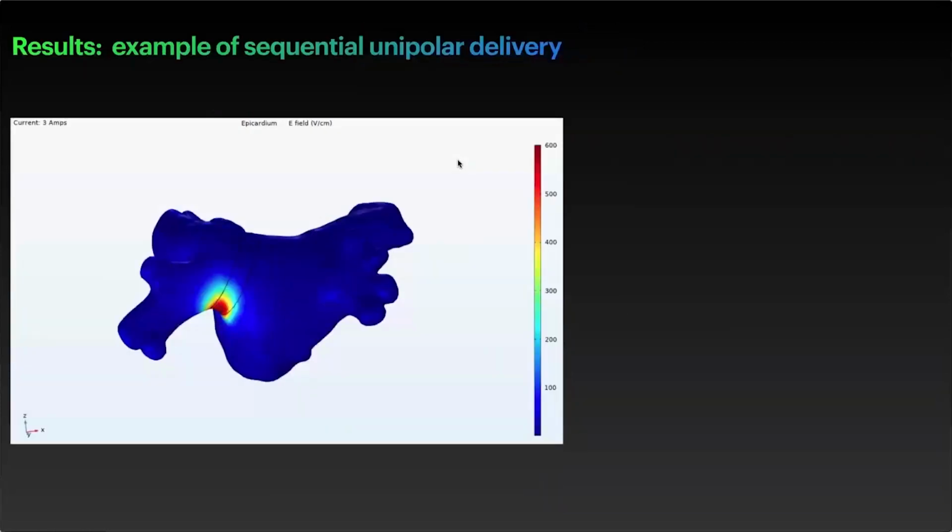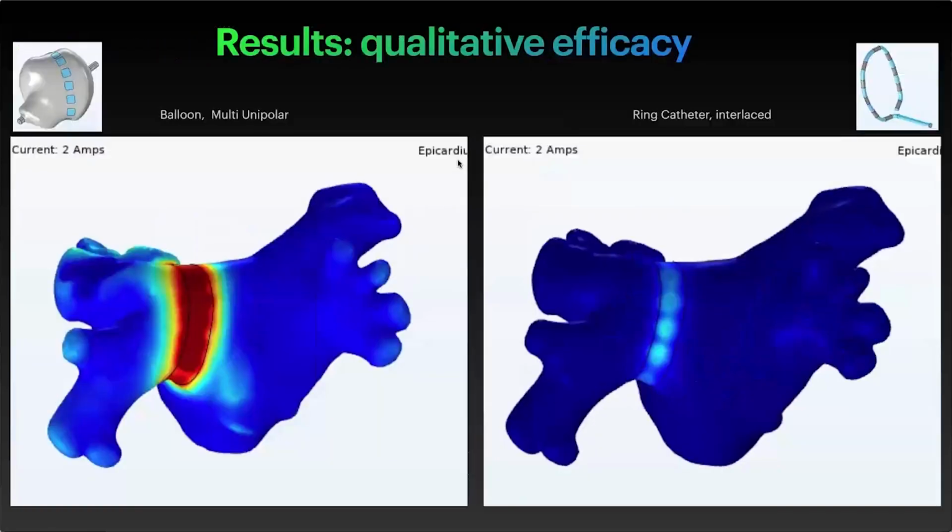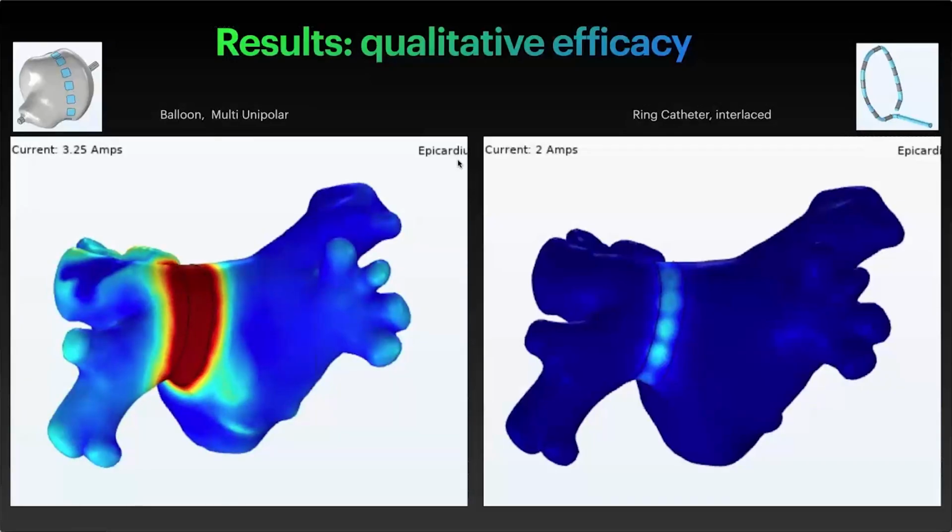This is an example of the sequential unipolar delivery. COMSOL makes it easy to join these solutions into one and then calculate the target efficiency. This shows how, as you increase current, you have more and more coverage, as expected.